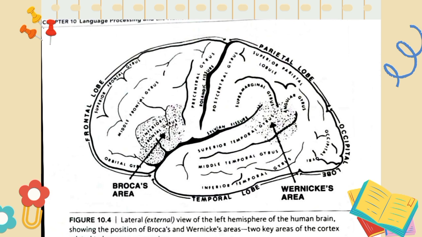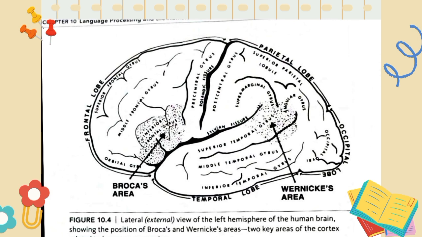Wernicke's area is situated in the temporal lobe, also typically in the left hemisphere. The image shows it near the junction of the temporal and parietal lobes in the superior temporal gyrus. It is primarily involved in the comprehension of language.